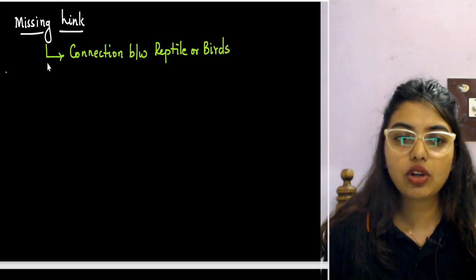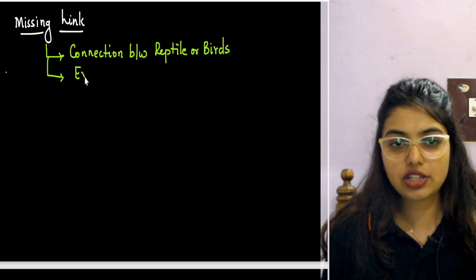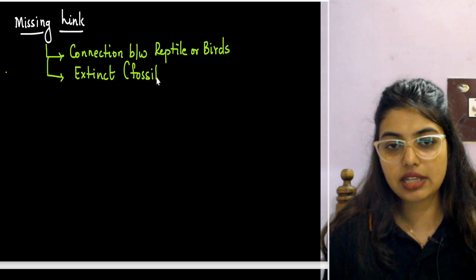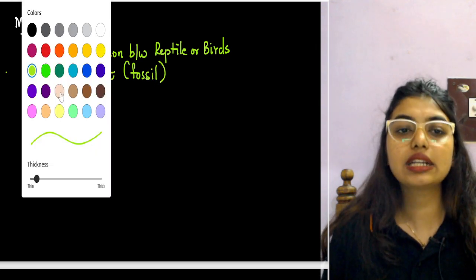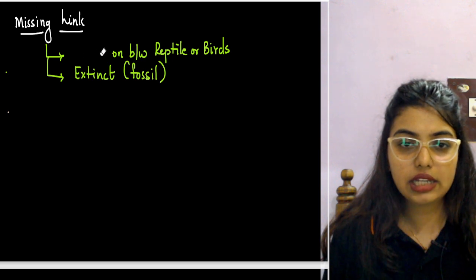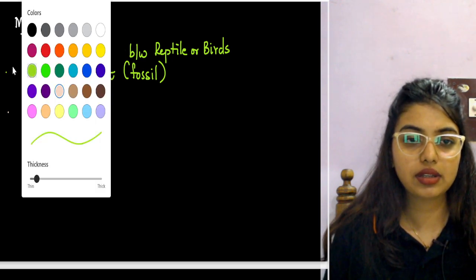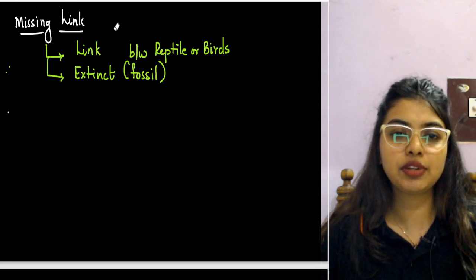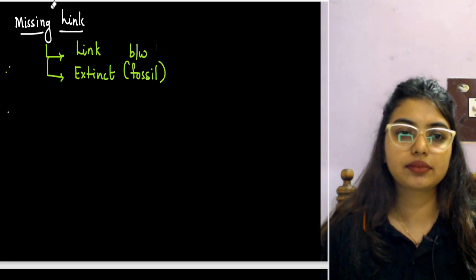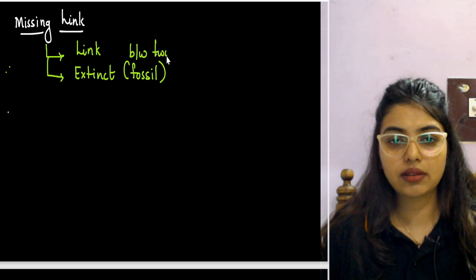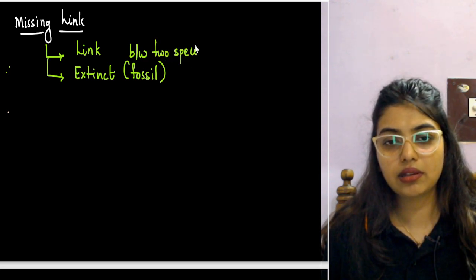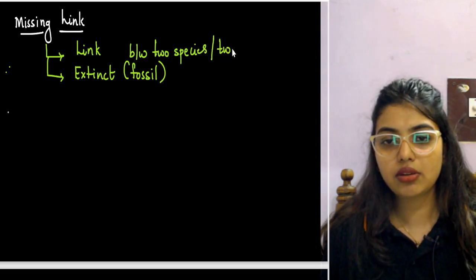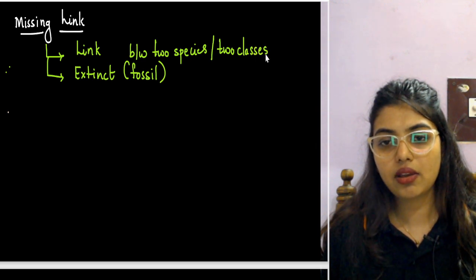But why are we calling it missing link? Because it got extinct or it is no more there. It's a fossil. Since it became a fossil, we are calling it a missing link. But when will I call it a connecting link? I will say a link between two species, two classes, anything of that sort.